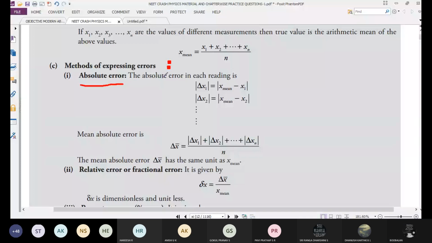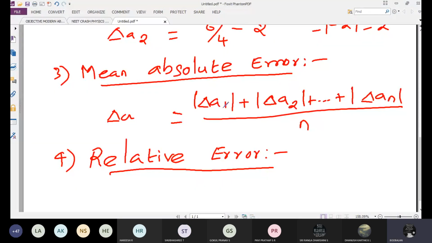Absolute error for each reading is the true value minus the experimental value: x mean, the true value, minus the experimental value x1. Mean absolute error is del x bar. It is our content only. Better you type this. Now everyone take notes.